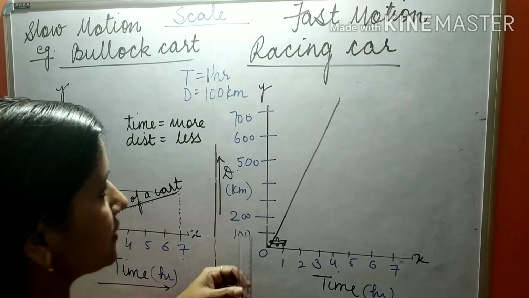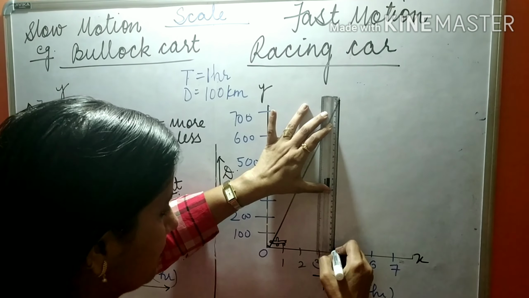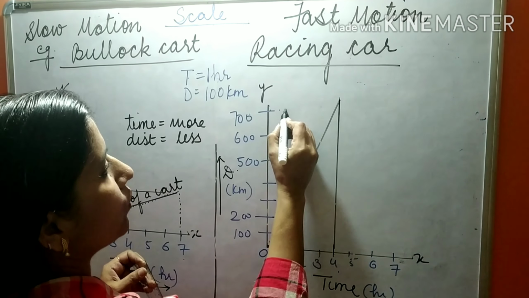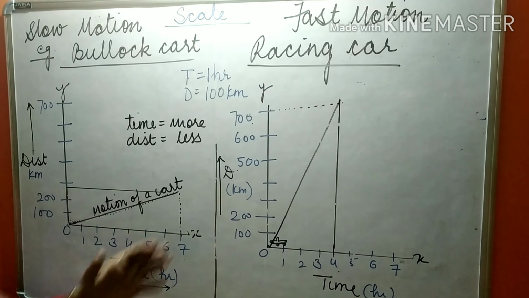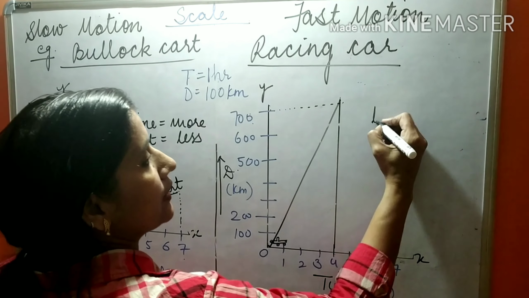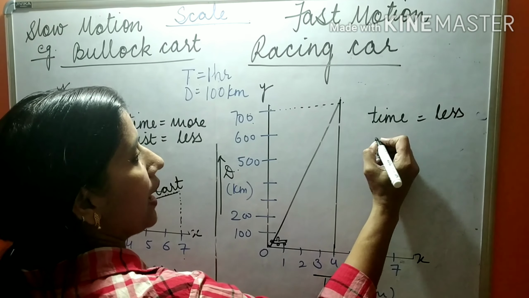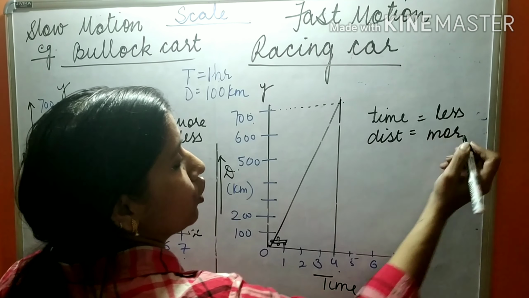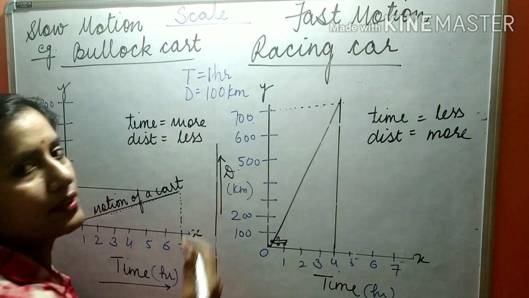Whereas when we consider this distance, in around 4 hours, in just 4 hours it has covered a distance of 700 kilometers. Fine. So in the racing car what happened? How much time did it take? Less. And the distance covered is more. So the graph is towards distance.